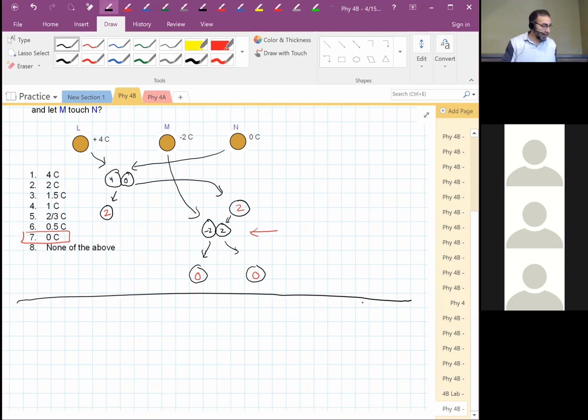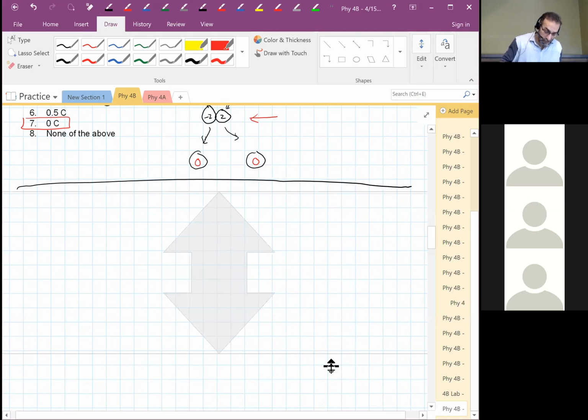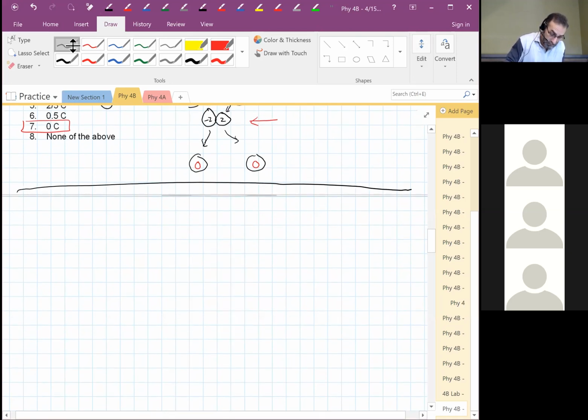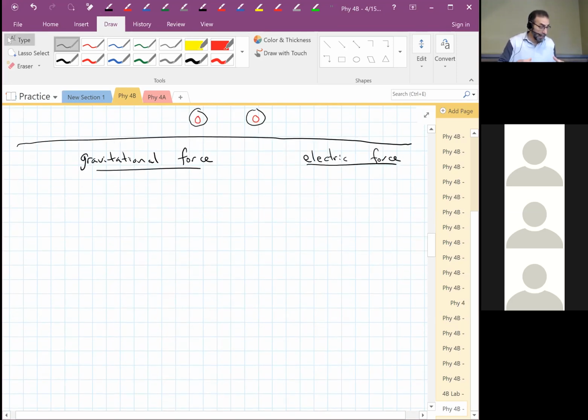So we have a model that we use, if you remember back to 4A.